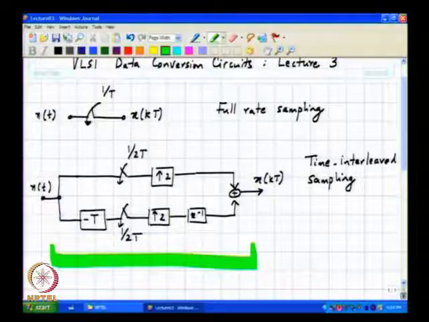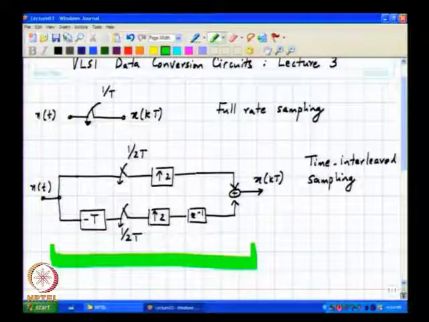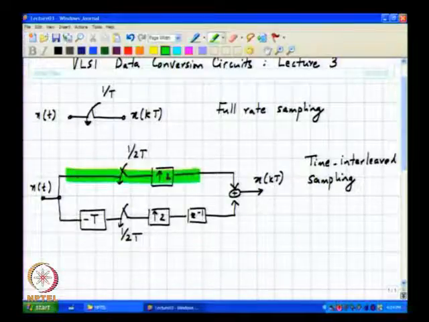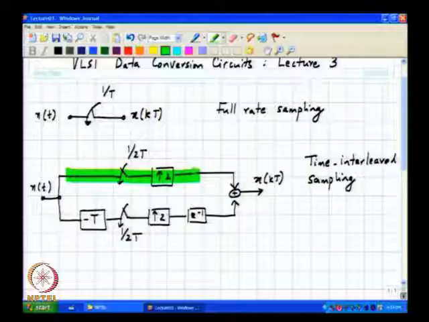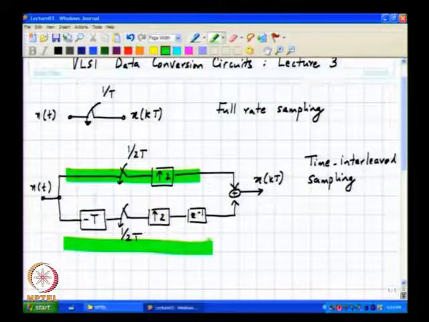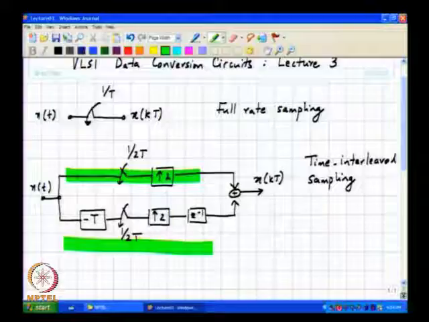What makes more sense to implement in practice is that the top sample and hold channel will be sampling at all even multiples of the sampling clock period, and the bottom channel will be sampling at all odd multiples of the sampling period, which is T.